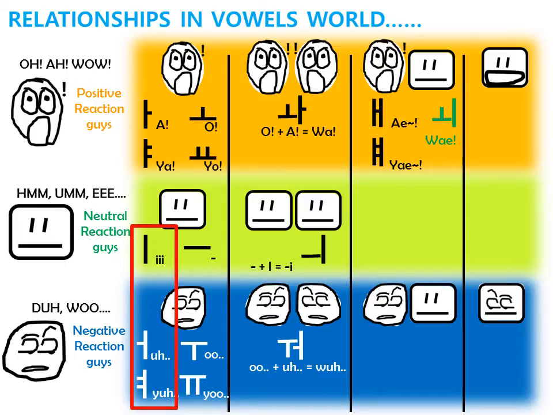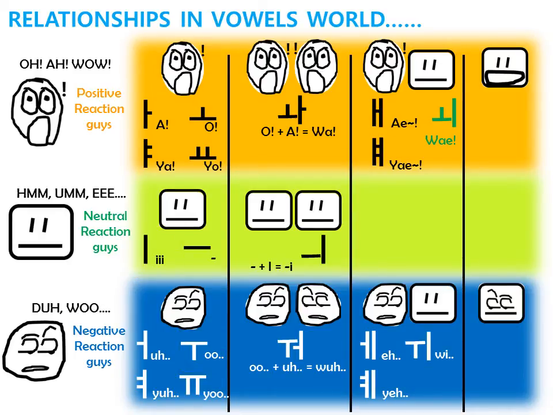Now, just as what happened with the positive reaction guys and neutral reaction guys, the neutral reaction guys can be combined with the negative guys, like this. It becomes ae, then ye. You just put one more stroke to the right side. Okay, and then again, u and e can be together.